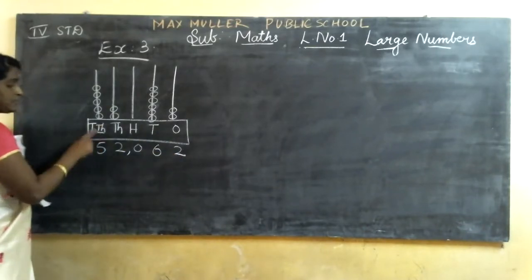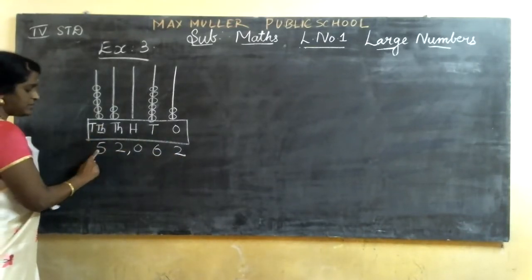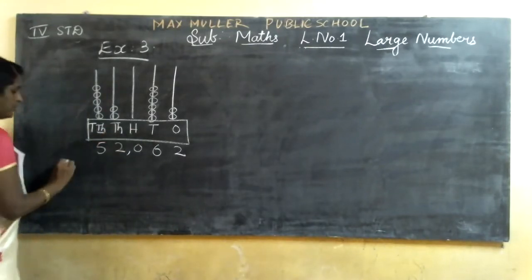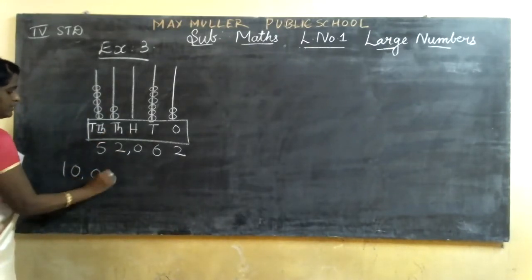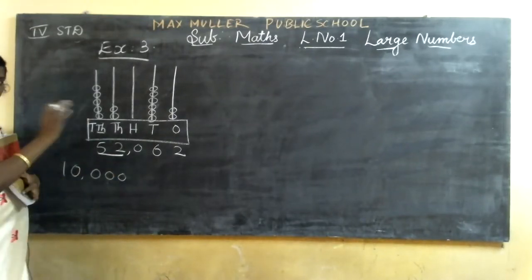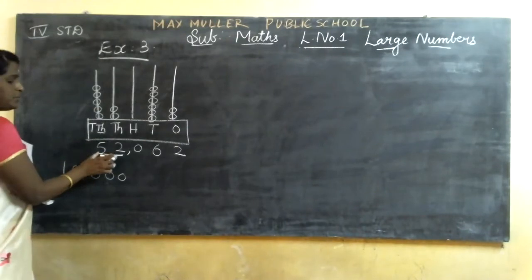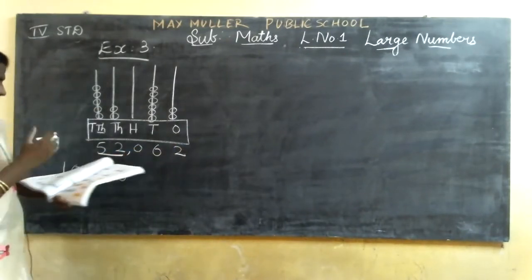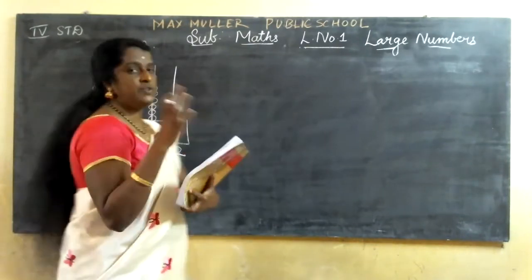Here 10,000, so this is also 1000, this also 1000. We write 10,000 like this, no? So this is 52,000. Join and read: 52,062. Like that, all 5 sums you should complete.